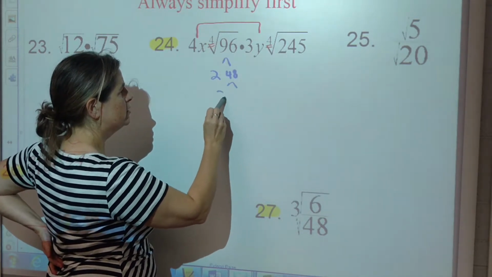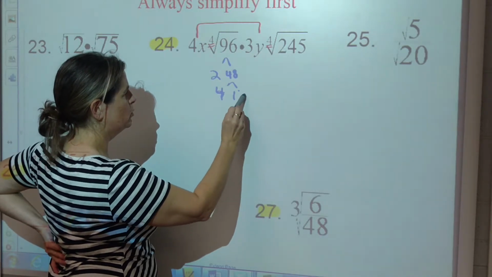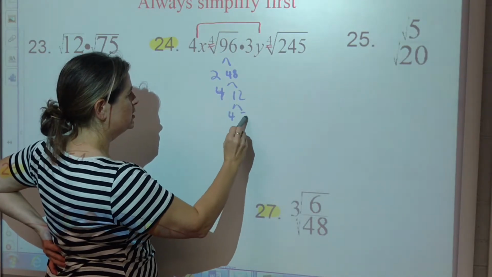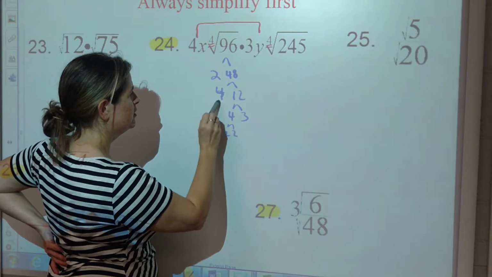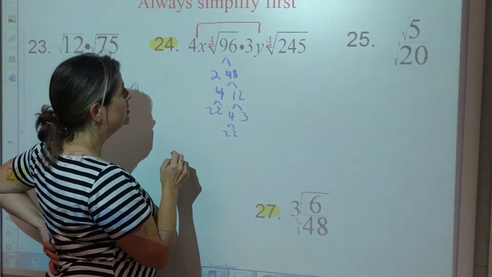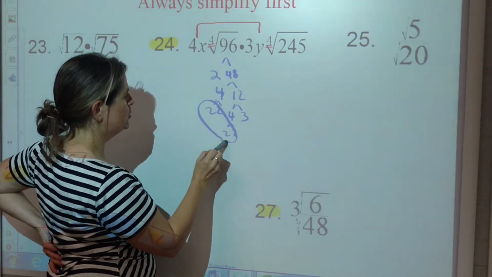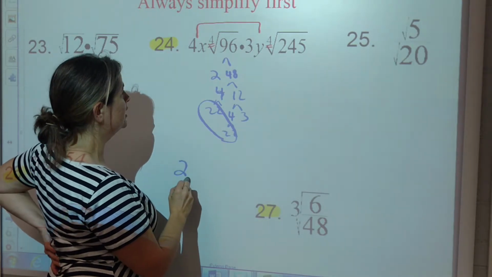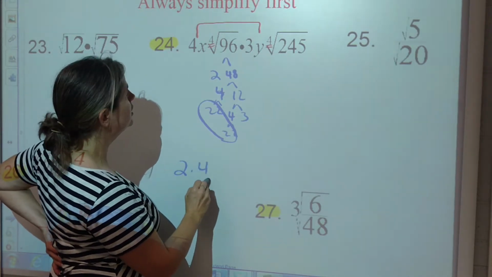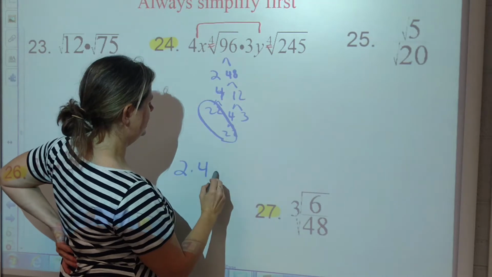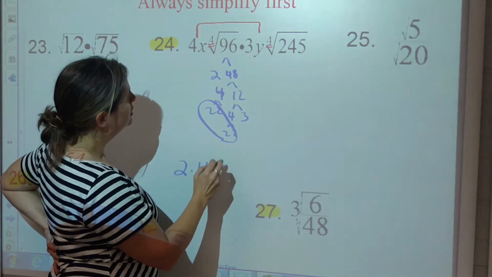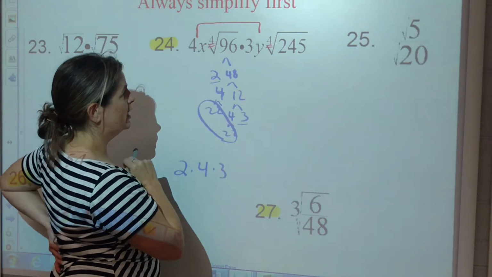And that'll be, do 4 and 12, 4 and 3. Alright, so 4 2s. I know I will get a 2 on the outside, along with the 4 and the 3 that are already out there. 3 and 2 can't do anything.